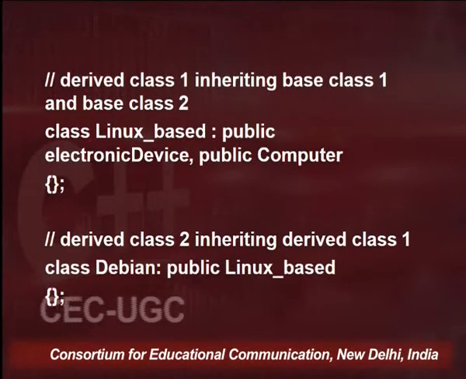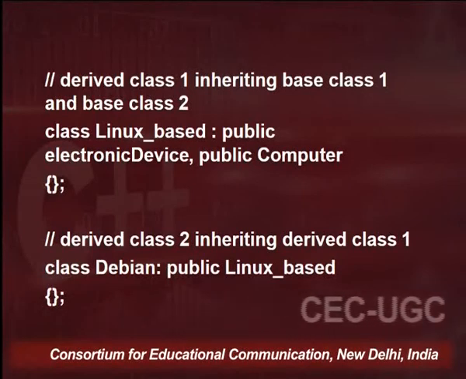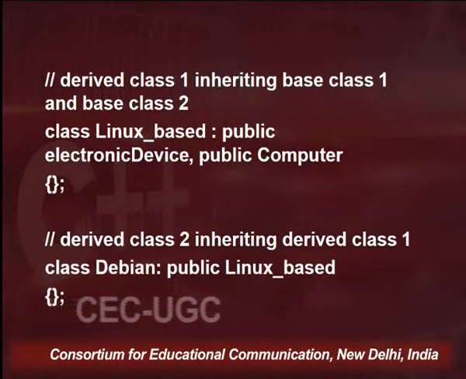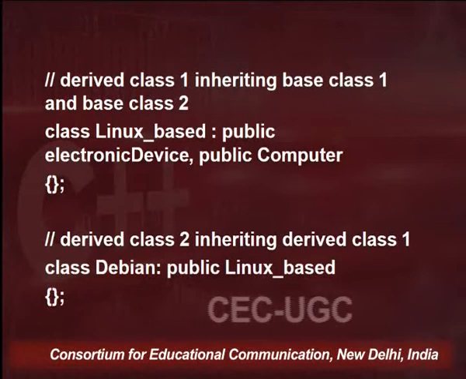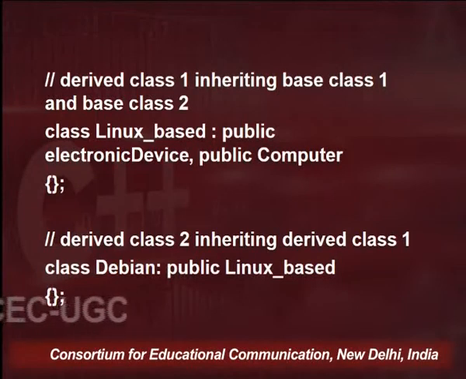In the class Debian, whenever an object is being created, it will see that there is a class which is being inherited here, which is Linux based. It will go to the constructor of the Linux base. We don't have any explicit constructor of the Linux base here, no problem.